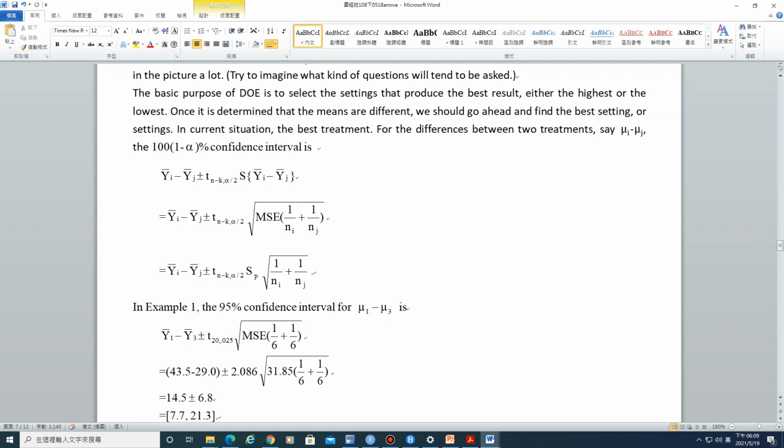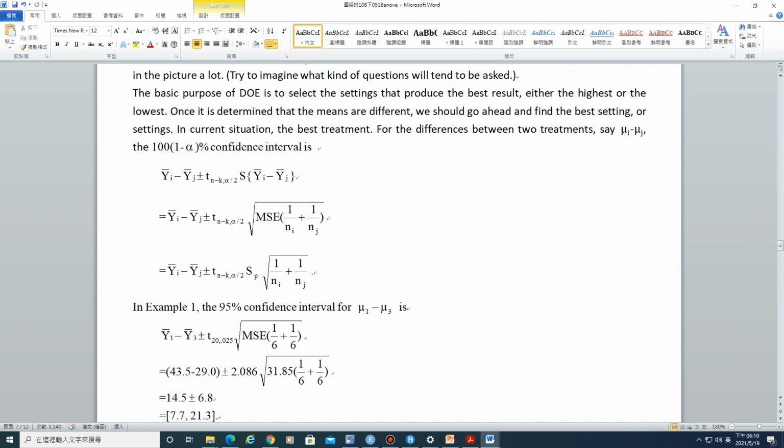It's actually calculating the difference between two means, whether it is greater than 6.8. If it's indeed greater than 6.8, then we say that there is a significant difference.